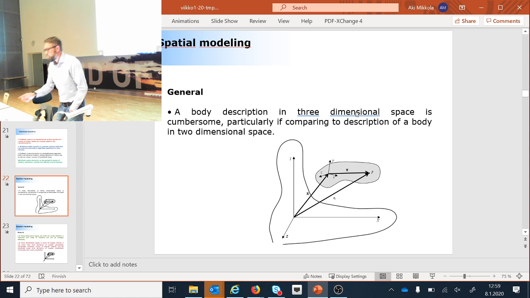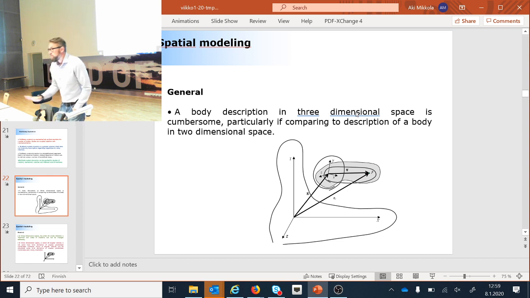And in the spatial case, the concept is exactly the same as in the two-dimensional case. So we will use the body reference coordinate system, and with the help of it, we will use a vector u-bar to scan all the particles within the boundaries of the body. So that's how it goes.